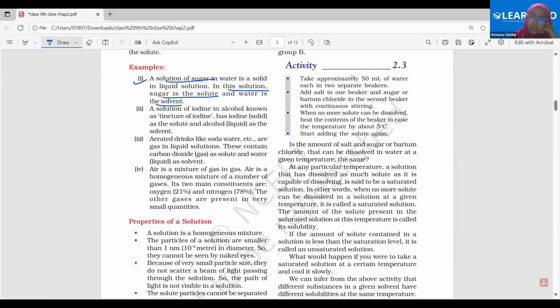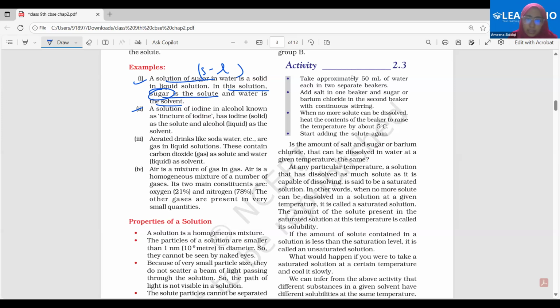Because sugar is the solute, sugar is not liquid, children. See, I did not ask the state of the solution. The state of the solution is definitely liquid because the solvent is liquid.